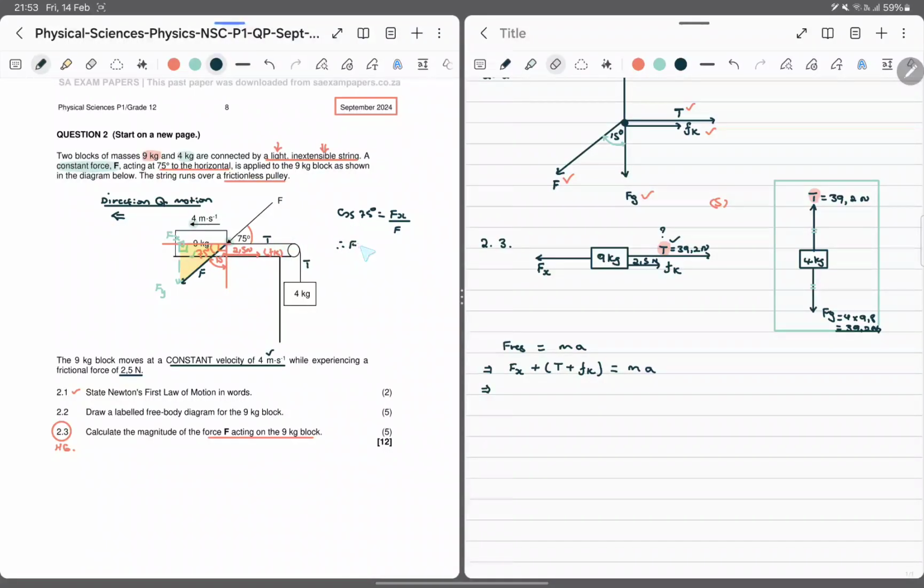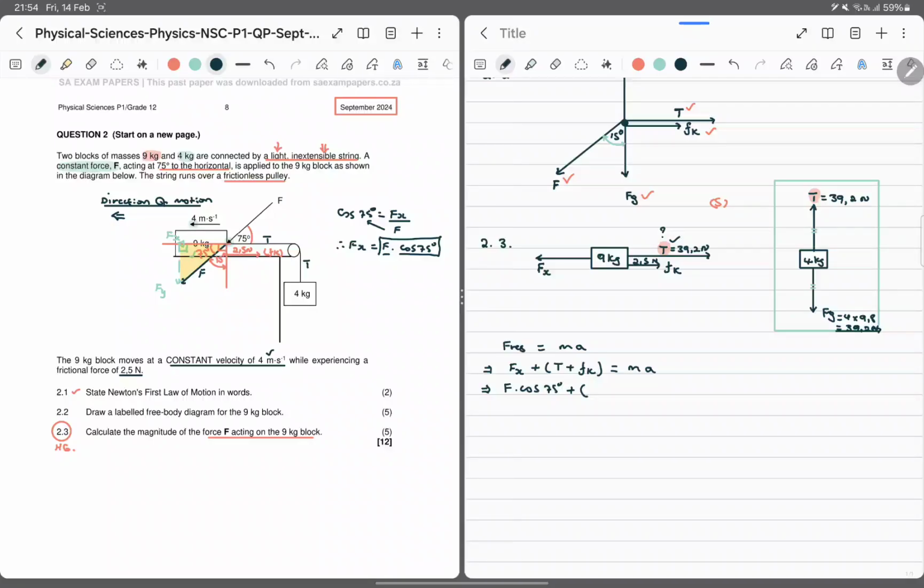And therefore our F in the x direction, when we cross multiply F there, is going to be F cos 75 degrees. So this is what we're going to take down here and plug it here. So we're going to have F times cos 75 degrees plus.